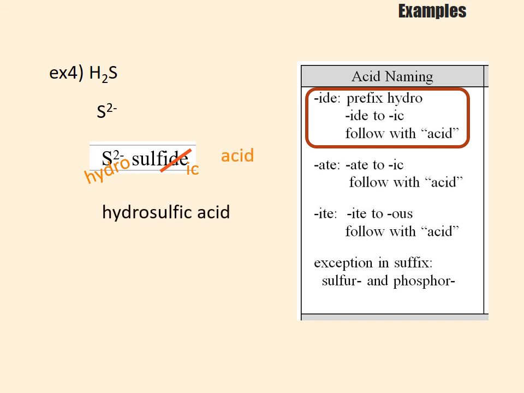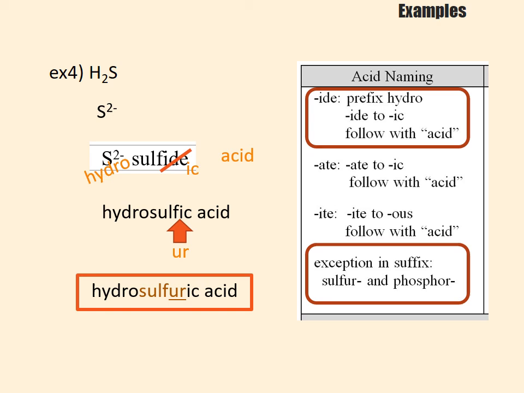And that gives me hydrosulfic acid, but it's not boxed, and that's because it's not a final answer, because at the very bottom, remember, we have an exception in suffix when it comes to sulfur and phosphor acids. I need to add a u right here. And that gives me then hydrosulfuric acid.